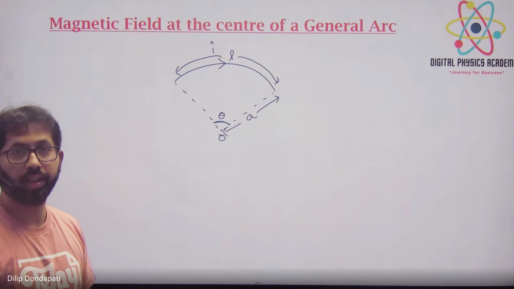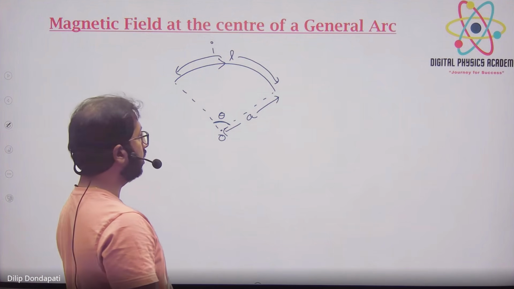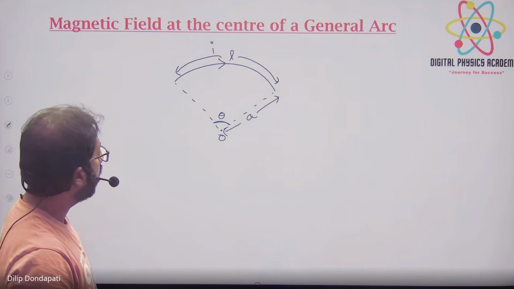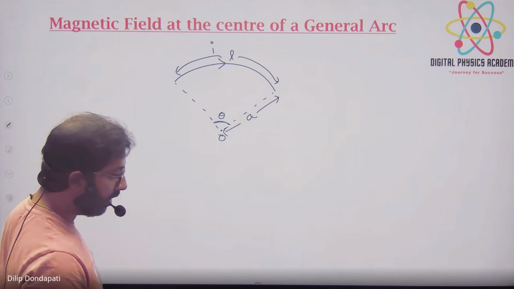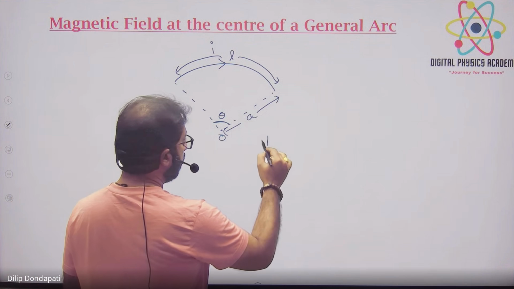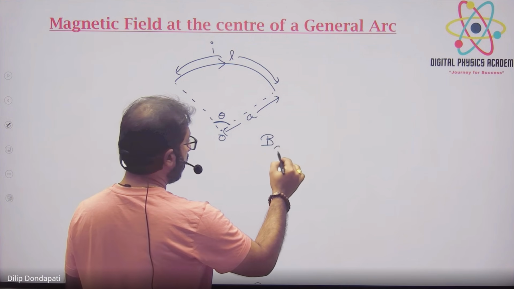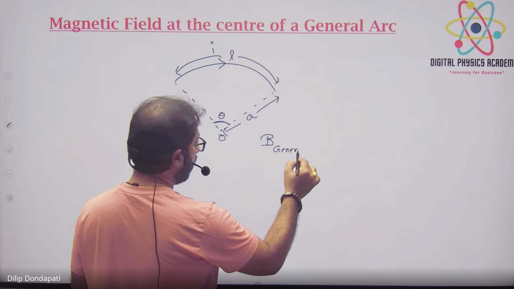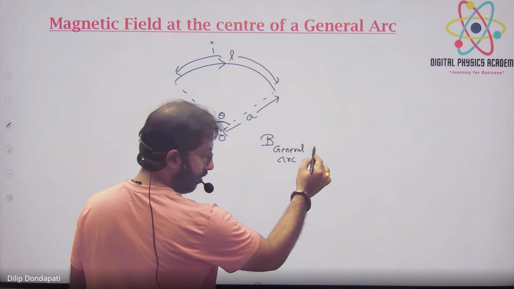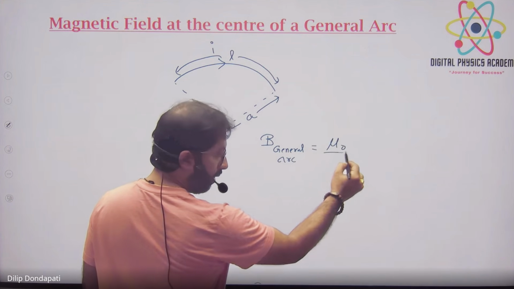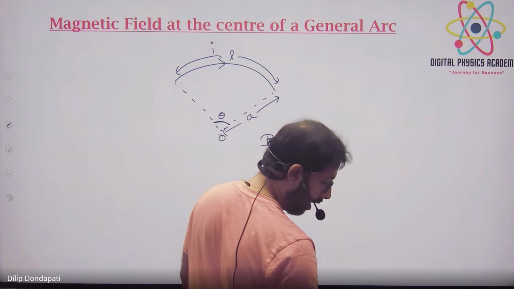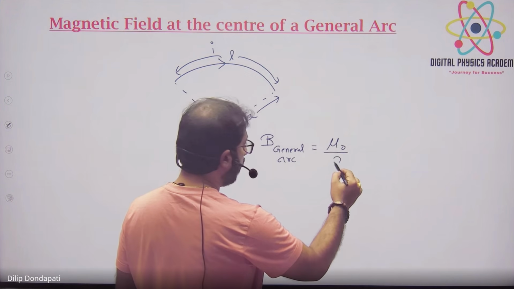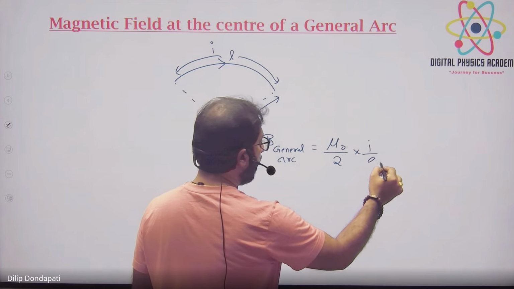Due to the current carrying wire, how will we find it? So you do the same integration story, and after solving we'll get the answer. The final answer, B due to general arc, is mu naught by 2 into I by A into theta by 2 pi.